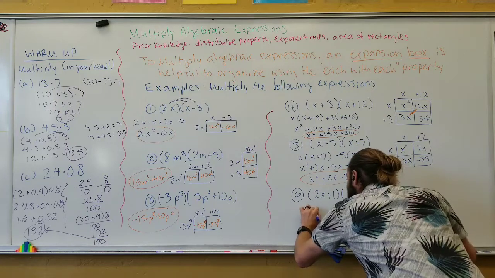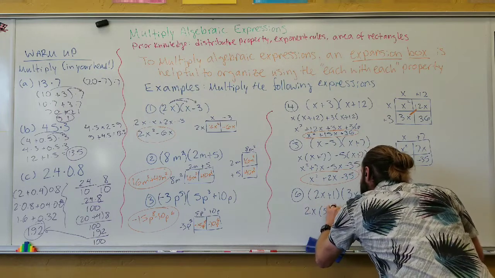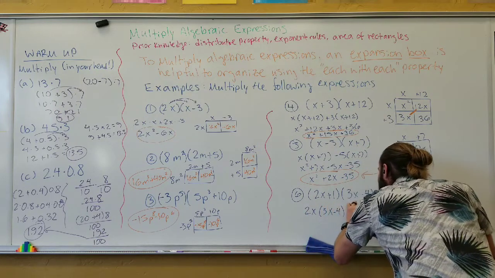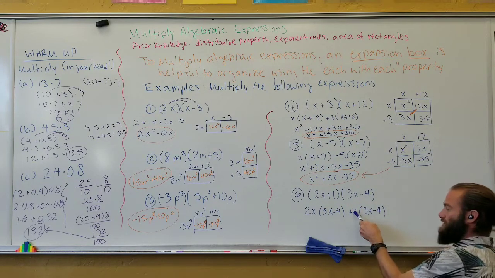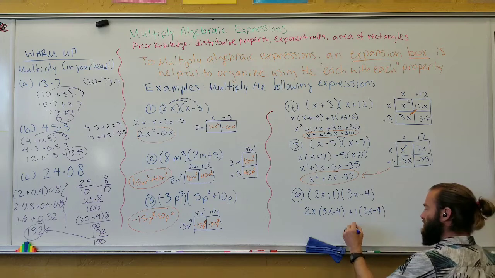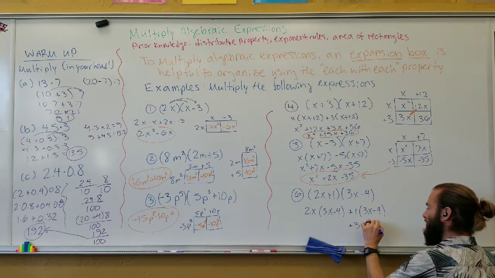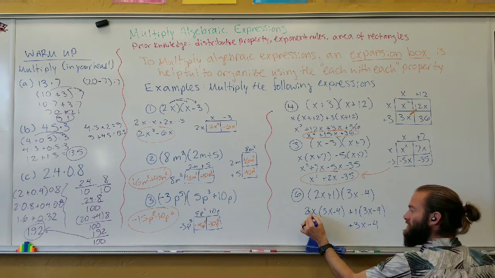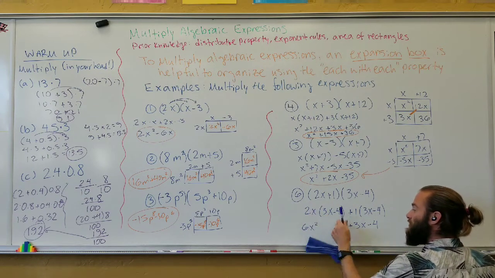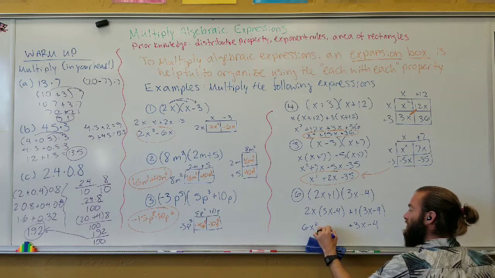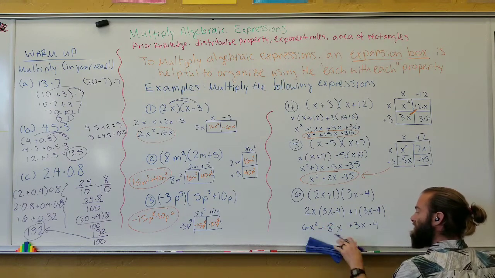This one's going to be 2x times 3x minus 4 plus 1 times 3x minus 4. And the 1 is going to be nice because if you multiply by 1, it just stays the same. So you might notice that. I'll just put that at the end. Now let's distribute the 2x to the 3x and get 6x squared, and then 2x times negative 4 is going to be negative 8x.